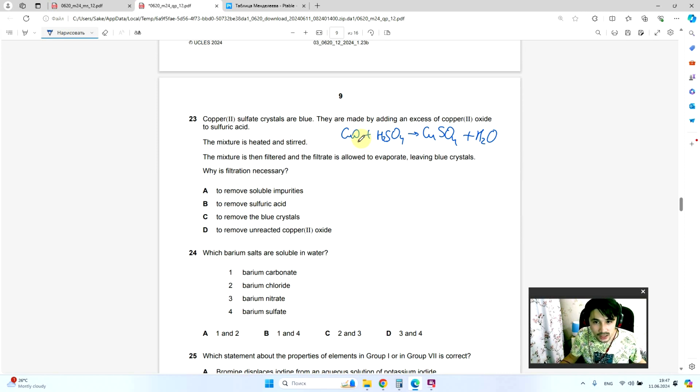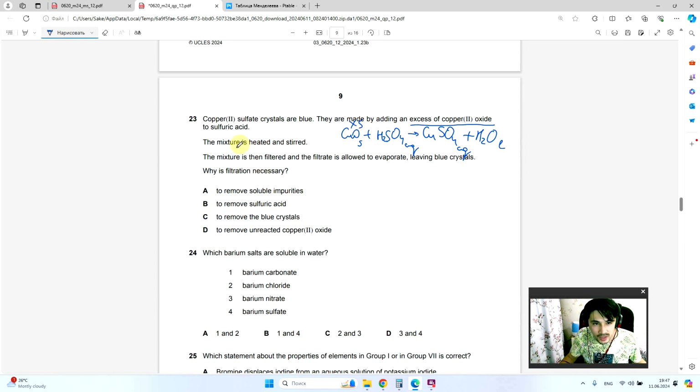So copper oxide is a solid substance. This is aqueous substance, liquid. Okay, when you mix them together, so you're adding excess of copper oxide. So this was in excess.